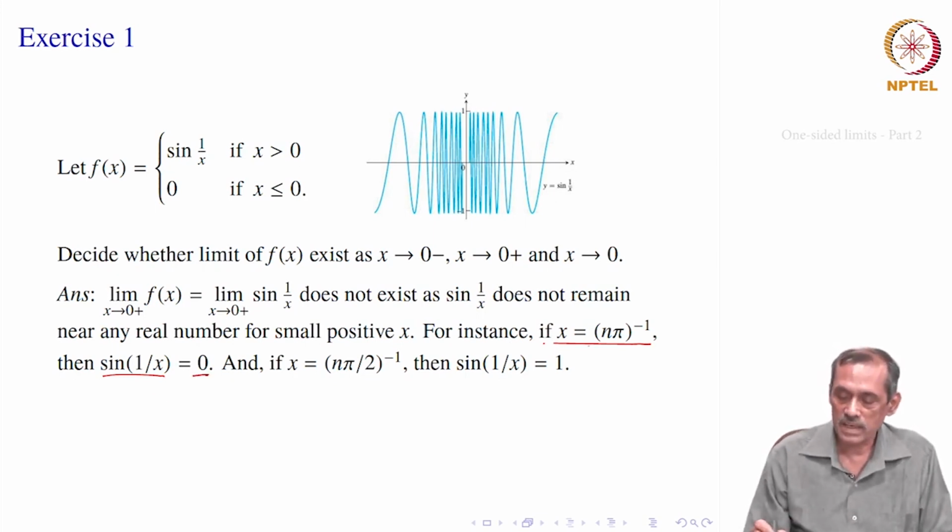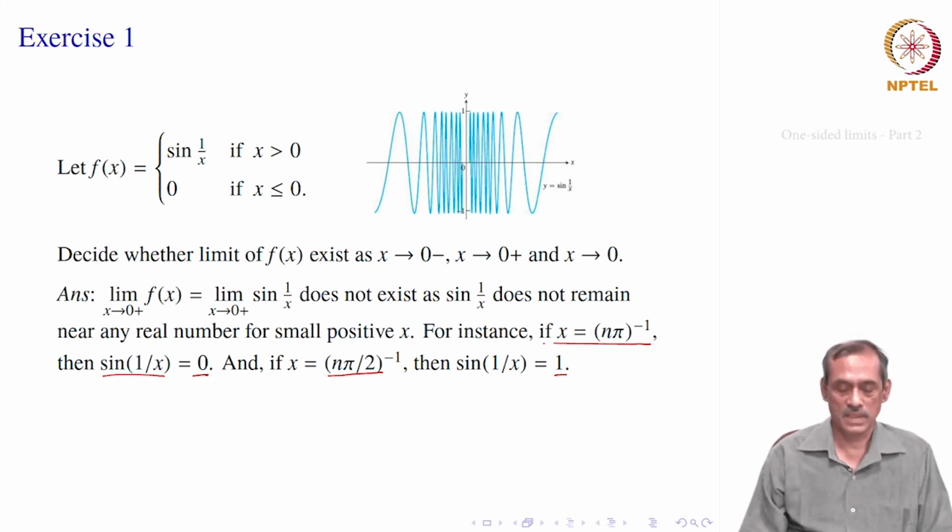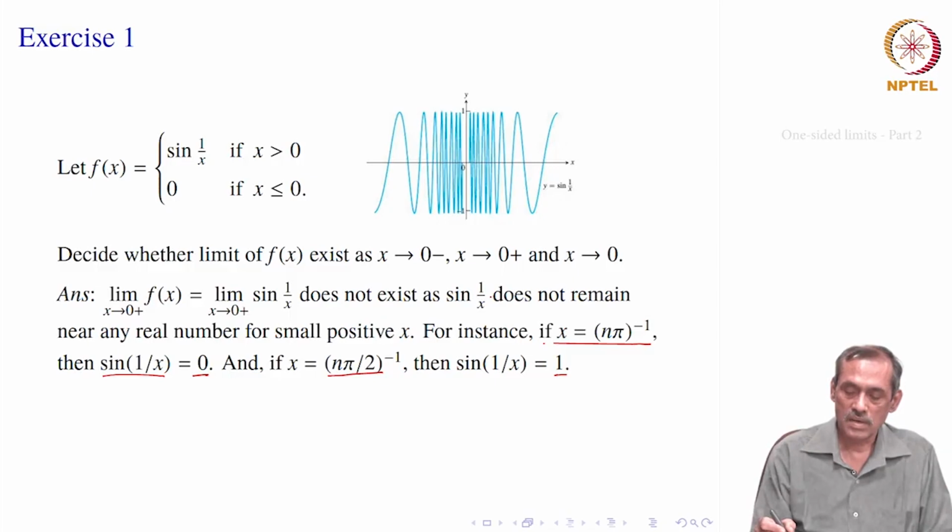But if you take points near 0 like n pi by 2 to the power minus 1, they are also near 0, then you would get sin of n pi by 2, which will be 1. So, when x remains near 0, we do not get a limit, it neither stays near 0 always nor near 1 always.